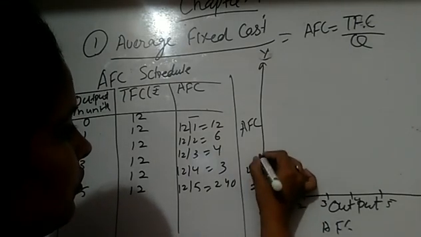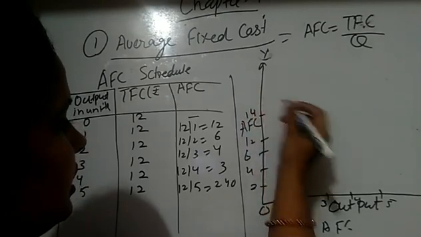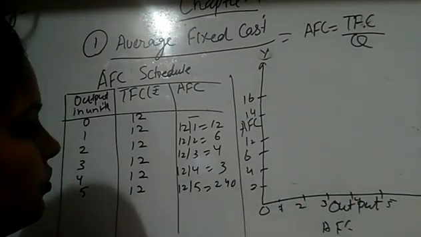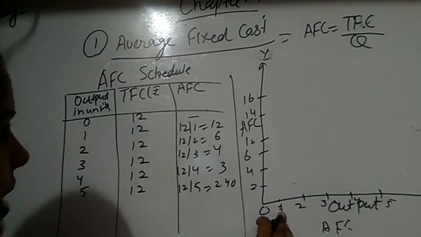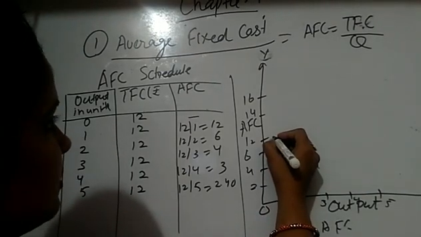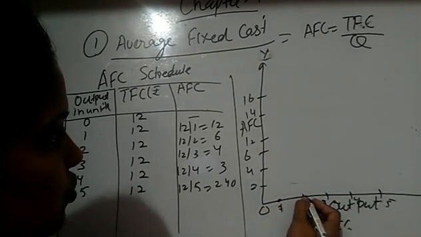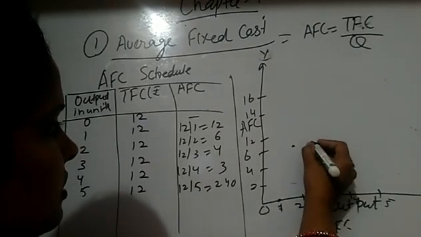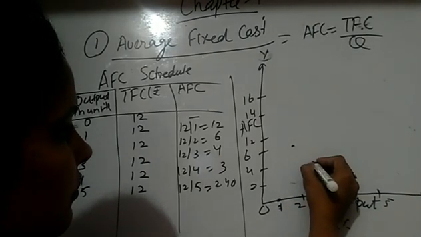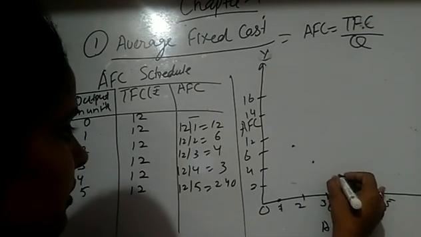When output is 1, average cost is 12. When output is 2, average cost is 6. When output is 3, average cost is 4. When output is 4, average cost is 3.